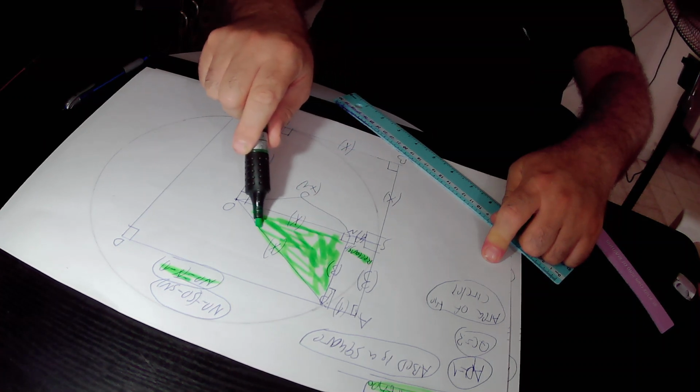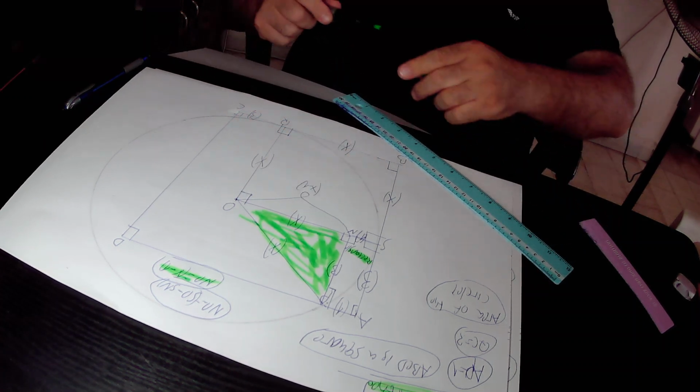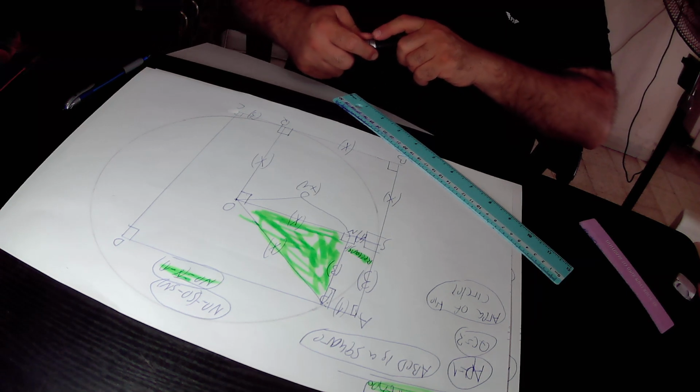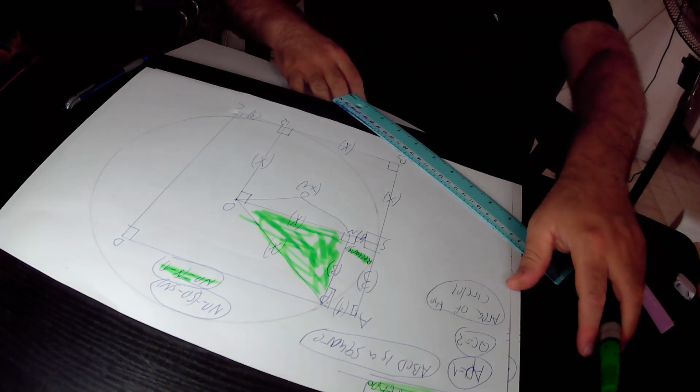According to the Pythagoras theorem, in any right triangle, the square of the hypotenuse equals the sum of the squares of the other two sides.